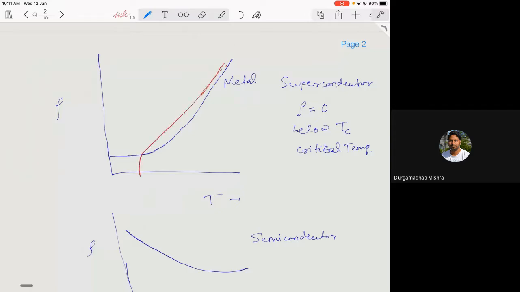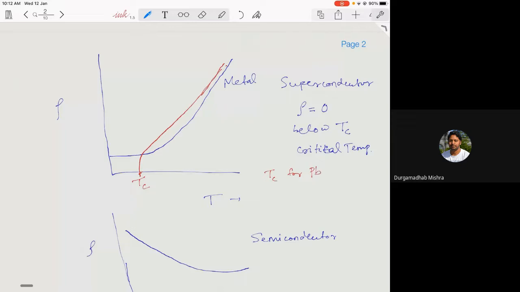So if you plot resistivity as a function of temperature of a superconductor, it will be something like this, and this temperature value is Tc. And a typical value of Tc, let's say for lead, for example.